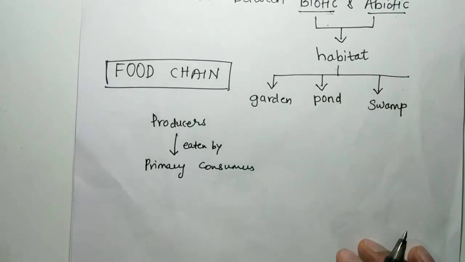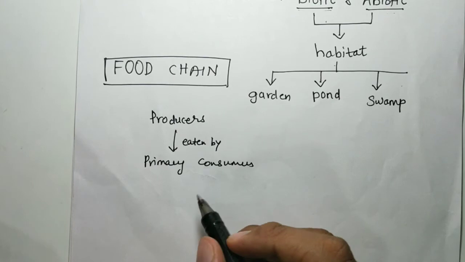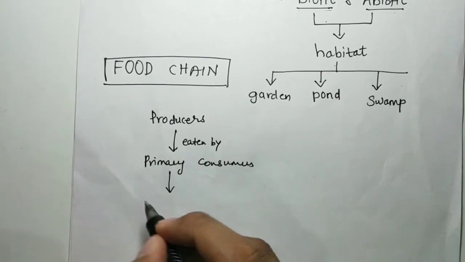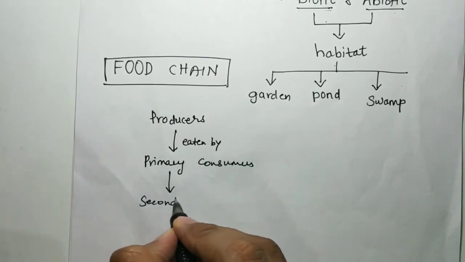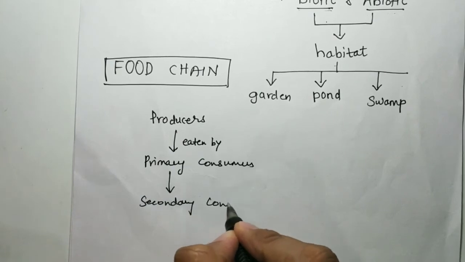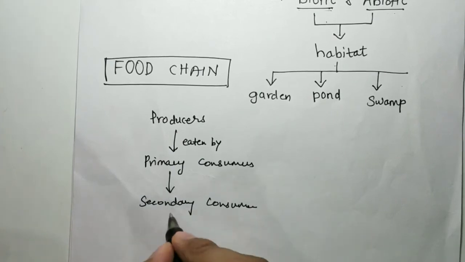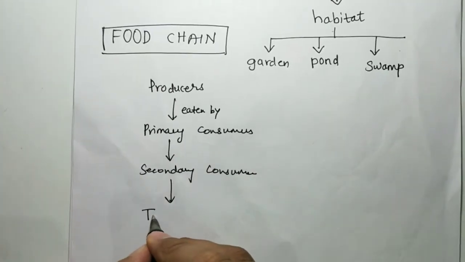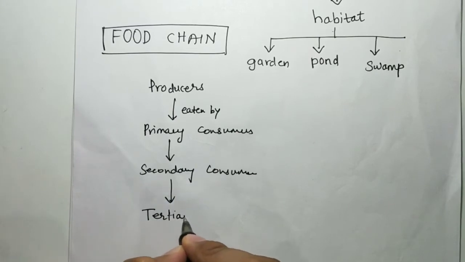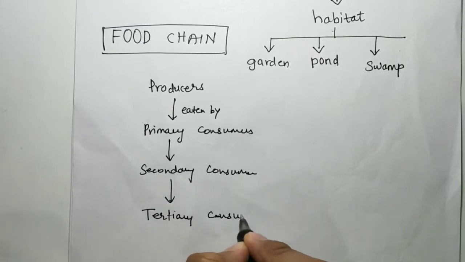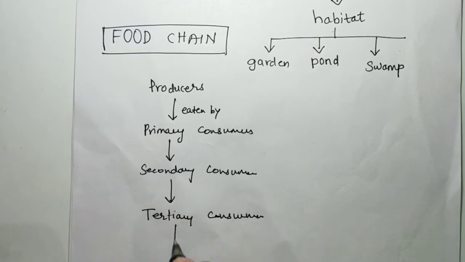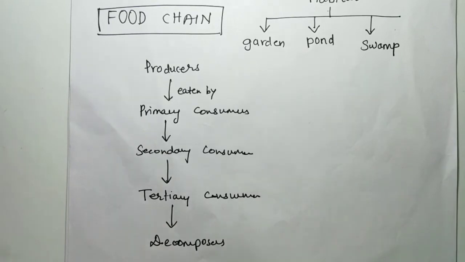Consumers are divided into three types: primary, secondary and tertiary. Primary consumers are eaten by secondary consumers, secondary consumers are eaten by tertiary consumers, and these tertiary consumers are finally decomposed by decomposers. This is the food chain.